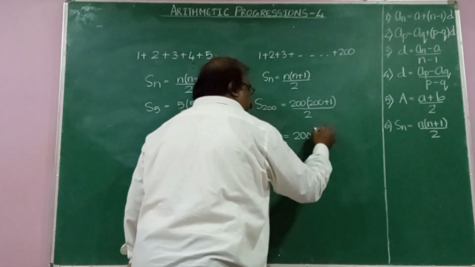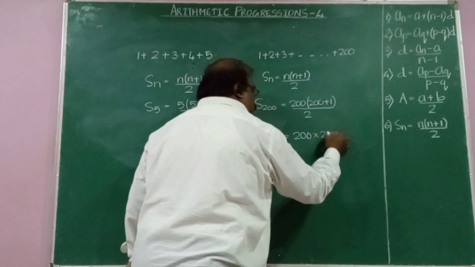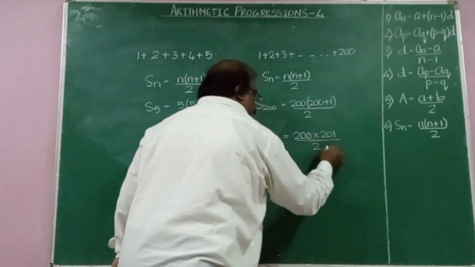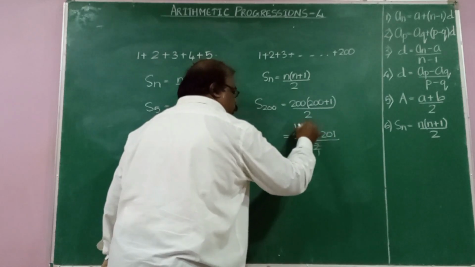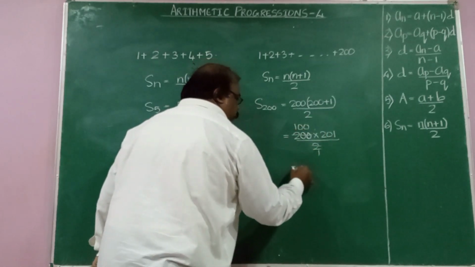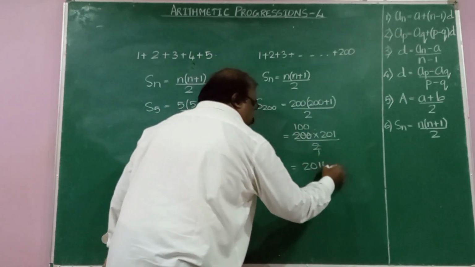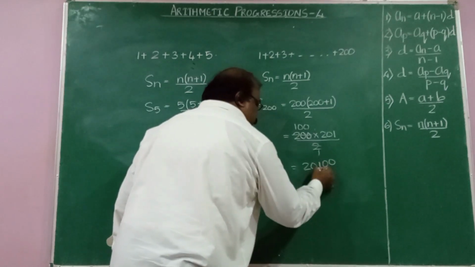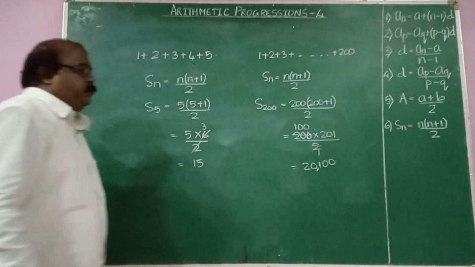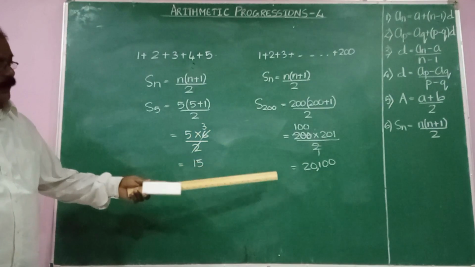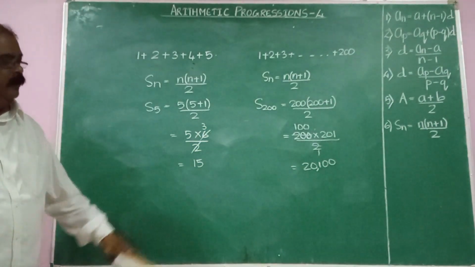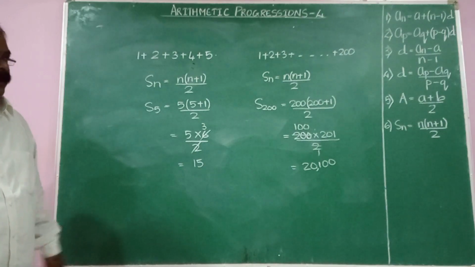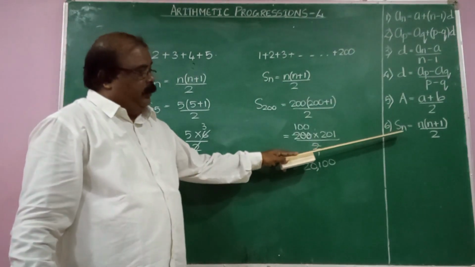So you get 200 into 201 upon 2. Cancel. The 2s cancel, the 200 and 201 are multiplied and you will get your answer. So what is the sum of the first 200 natural numbers? 20,100.